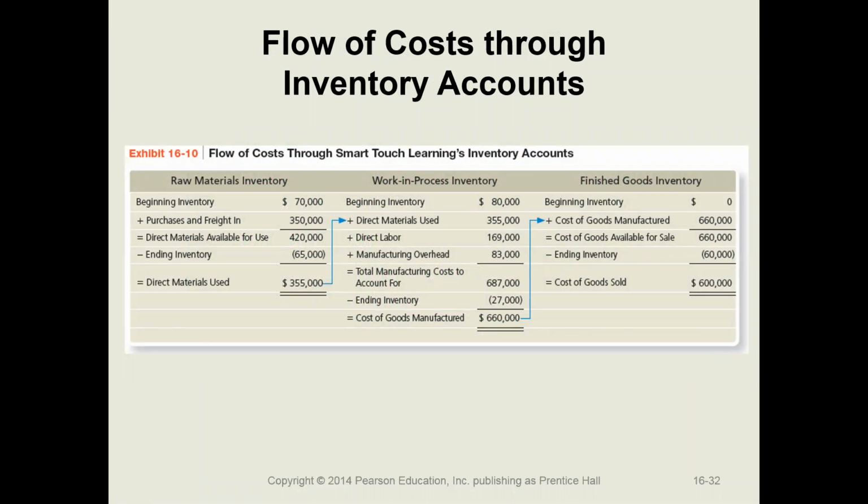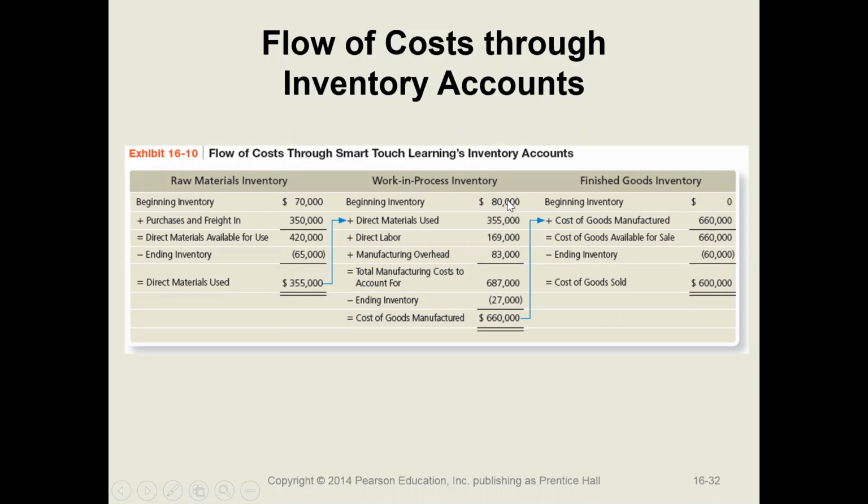Okay, and this just reiterates one of the earlier slides that we saw. Notice that the raw materials inventory is the beginning inventory plus your purchases minus your ending inventory. That gives you direct materials used, and you saw this section here in the statement of cost of goods manufactured. The direct materials go into the work in process inventory account here.